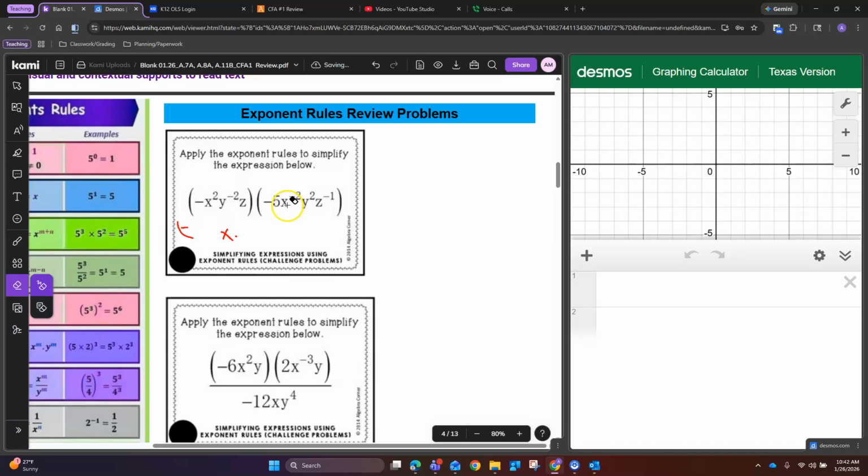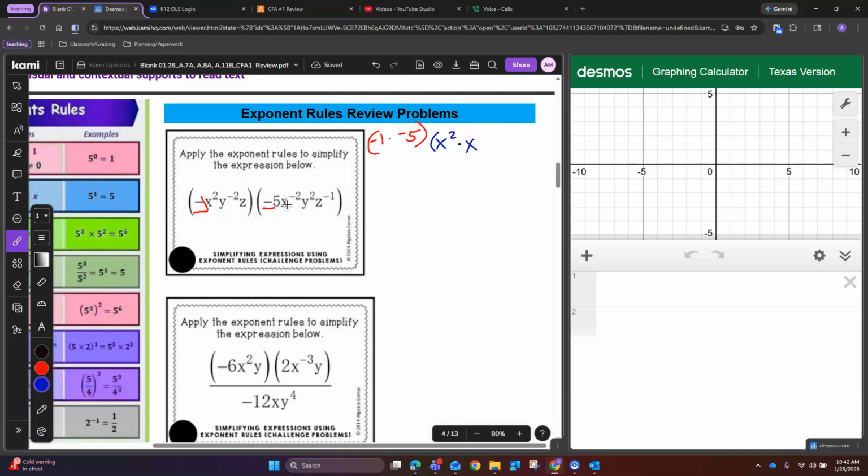We're going to apply the exponent rules to simplify the expression below. I'm going to go ahead and first multiply these two expressions together. So first of all, we have -1 times -5. Those are my numbers. So we have our -1 and -5. Okay. And then next we have our x's. So we have x squared times x to the -2.